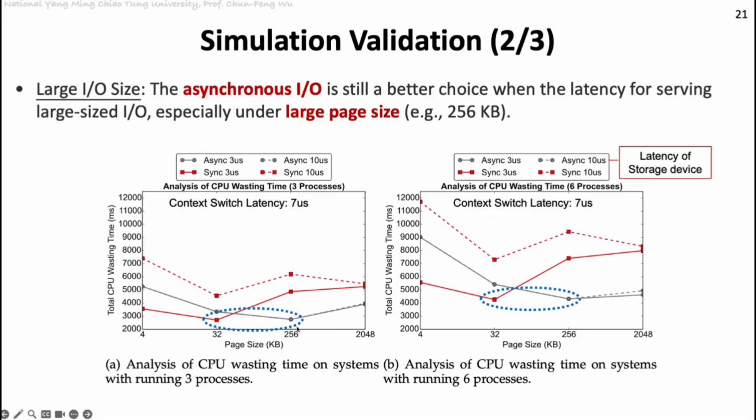The reason is that when you move to 256 kilobytes, you spend more time than with 32 kilobytes because you move more data, right? But 256 kilobytes means you need to move 64 pages at the same time. And if you can have an accurate guess about which pages you are going to move, then you can achieve good prefetching.